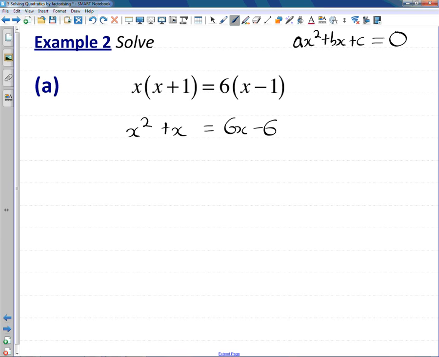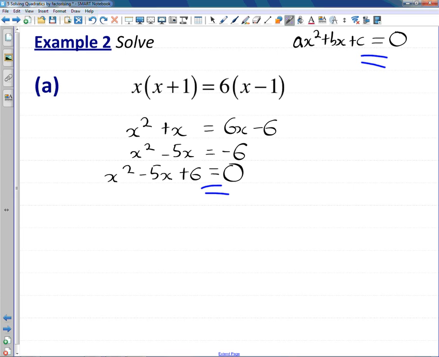So first I could reduce each side by 6x, so I'm going to go downwards. So I've got x squared over here, but I'm going to take off 6x, which lands me on negative 5x. And next we're going to go up by 6 both sides. Now, crucially, we've got it equaling 0, which you must always do.